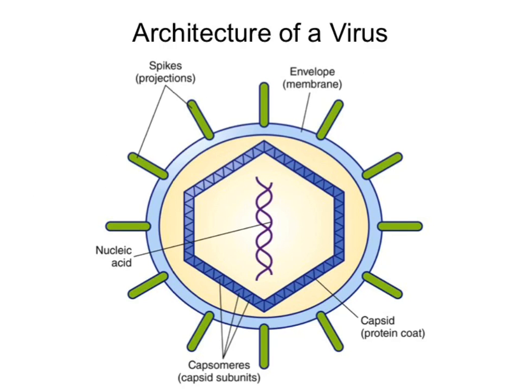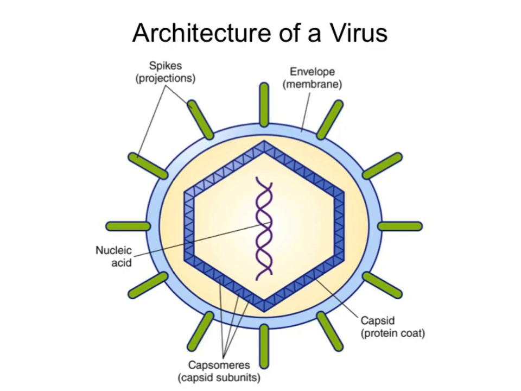So we've got a nice little picture of everything. You've got the membrane on the outside to keep it trapped. You've got the spikes on the outside, which are going to help inject. You've got your capsid protein coat, which is protecting the nucleic information on the inside, your genetic information.